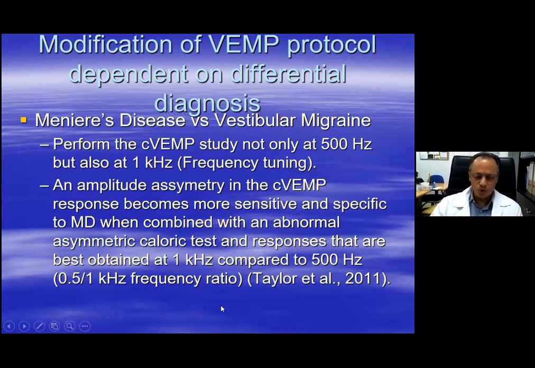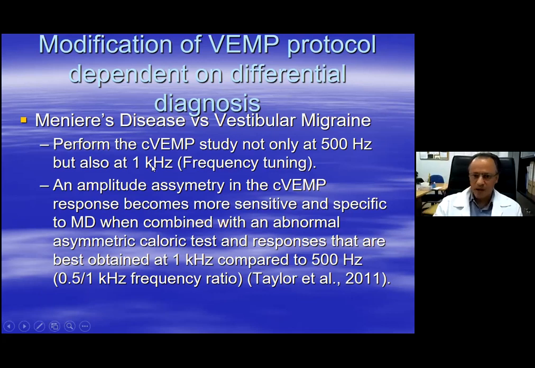And as has been reported several years ago in 2011, and I will show you some cases now, in cases of Meniere's disease, or at least, and I will describe what I mean by this, endolymphatic hydrops, if you like, involving at least the saccule or the otolith organs, there will be a shift of maximum amplitude from 500 Hertz to 1 kilohertz.